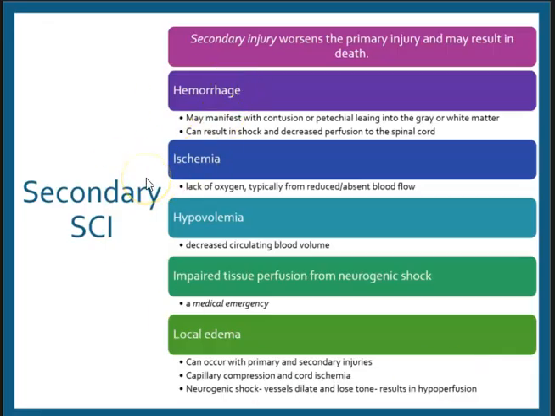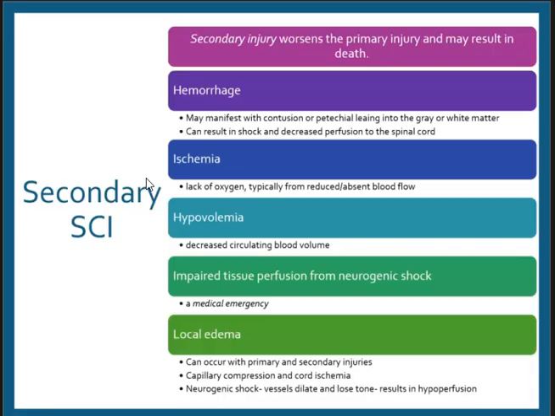So, hemorrhage may manifest with a contusion or petechial lining into the gray or white matter, can result in shock and decreased perfusion to the spinal cord, or ischemia, lack of oxygen because of reduced or absent blood flow.